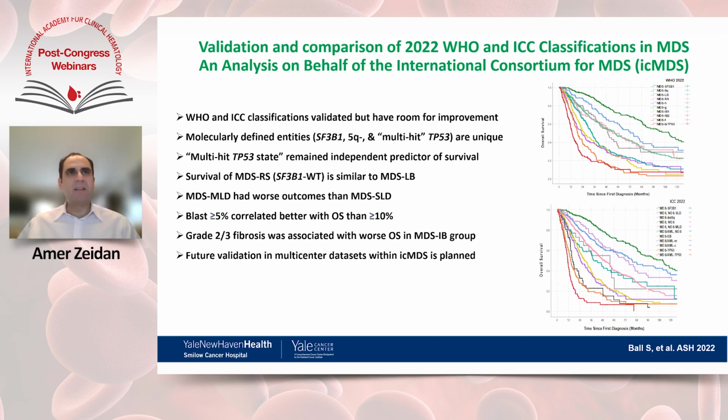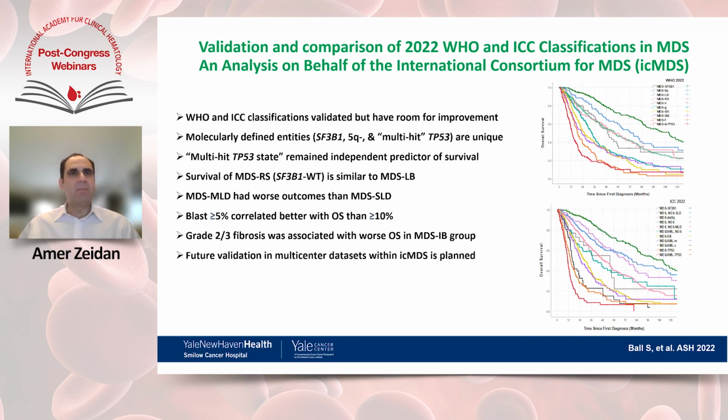However, I think some of the interesting findings of this analysis, which used the Moffitt Cancer Center database, more than 2,000 cases that were molecularly annotated, and they were recategorized according to the WHO and the ICC classifications. And I think what some of the important findings is that patients with MDS multilineage dysplasia had worse outcomes than single lineage dysplasia, suggesting that we indeed should keep the number of lineage dysplasias rather than removing it as per the WHO.